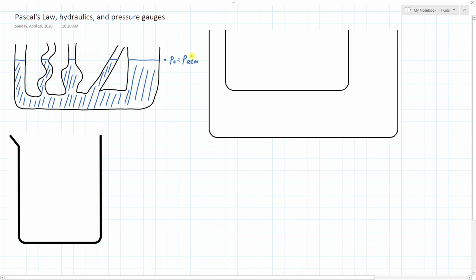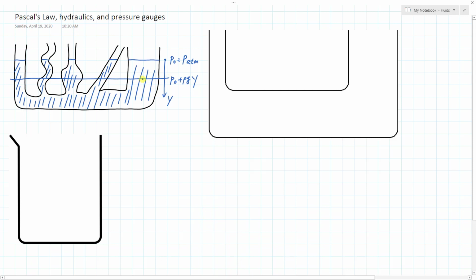Not necessarily 1 atmosphere, but an atmospheric pressure. So at a certain depth, if you go from this point down, the depth acts as y. So at a certain depth here, the pressure will be P0 plus rho g y. Y is positive pointing down. And that is the same across the entire container.